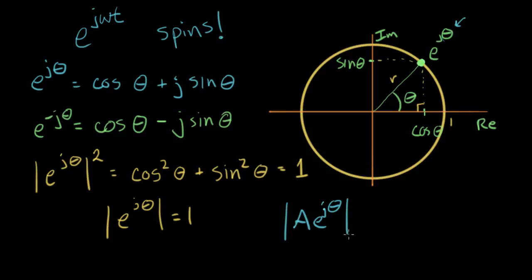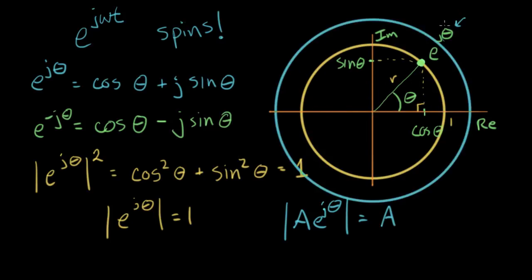So I would say, if I wanted to know how far away it is, well, the magnitude of e to the j theta is 1, and the magnitude of A is A, so this equals A. And if I was to sketch in a circle for that, let's say A was a little bit bigger than 1, it would be a little bit bigger out, and this would have a value of A. The radius would be A.